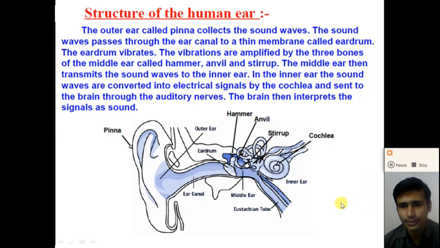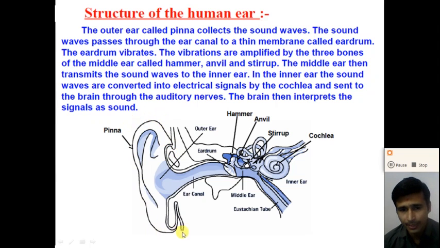So this is the structure of the human ear. In this human ear, the Eustachian tube is there. It is used for support and equilibrium, right?